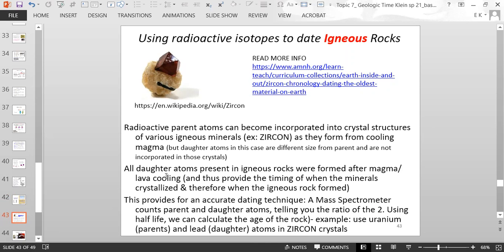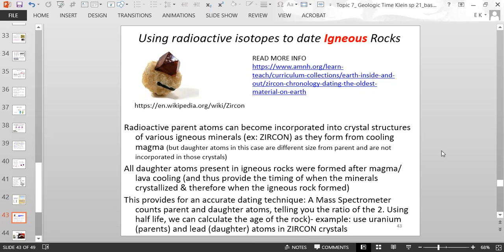So when you date an igneous rock and you find any daughter atoms, those formed after the magma cooled and turned into the igneous rock. So you can therefore date how old that igneous rock is or when it formed.